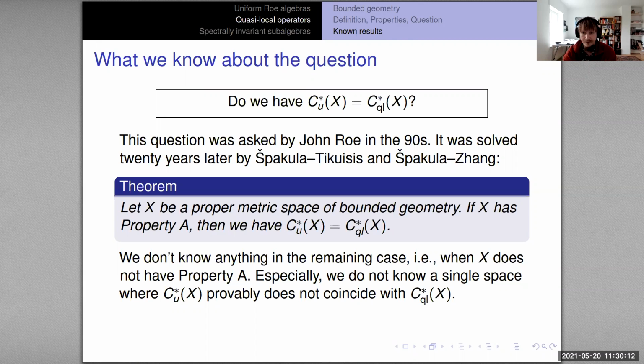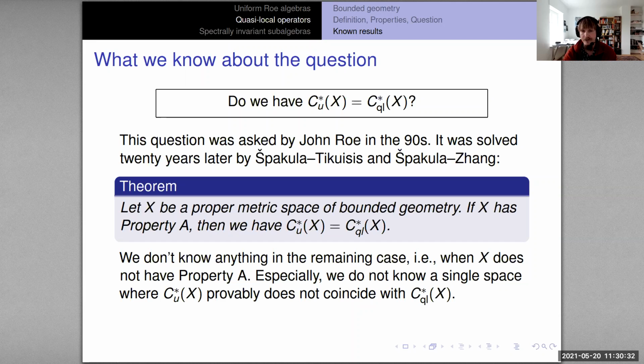And interestingly, one can also prove the converse under the assumption of property A. So if your two spaces have property A, and the uniform row algebras are Morita equivalent, then you can actually prove that the two spaces that you started with were coarsely equivalent.